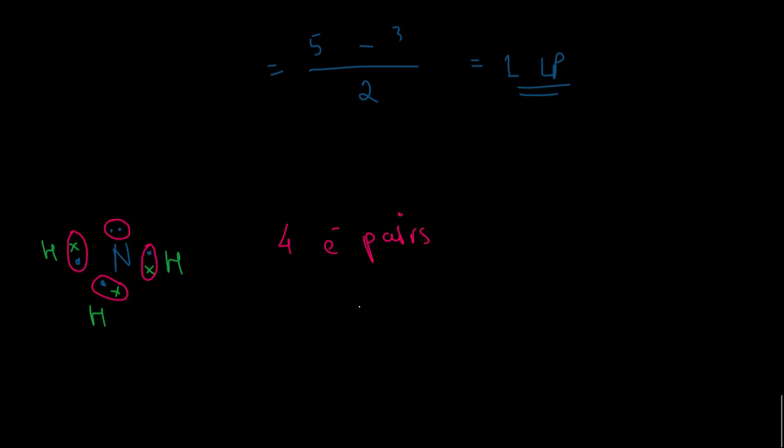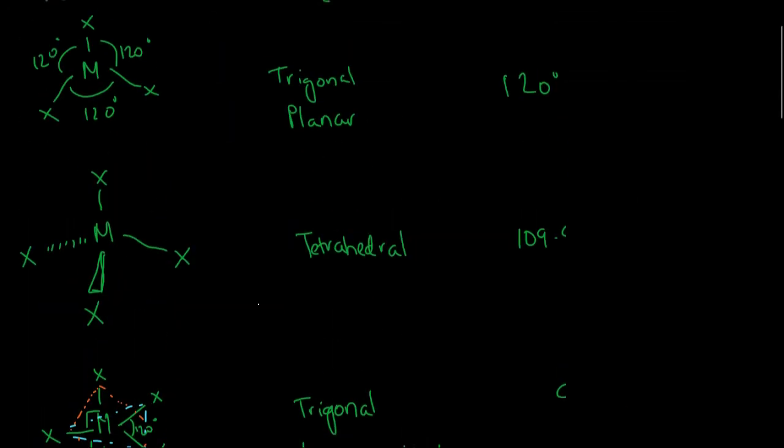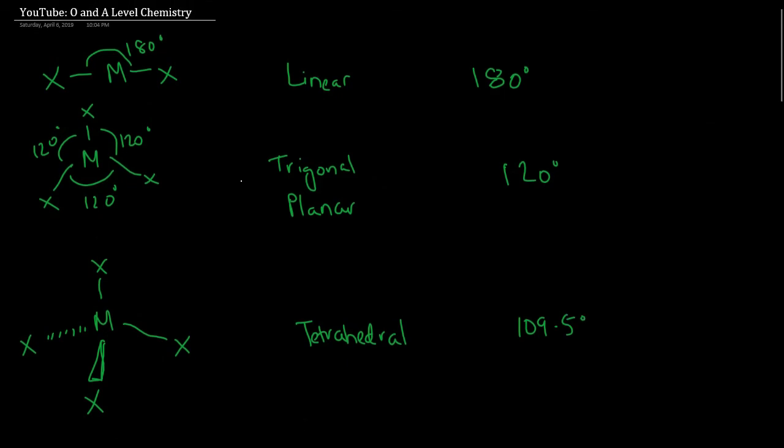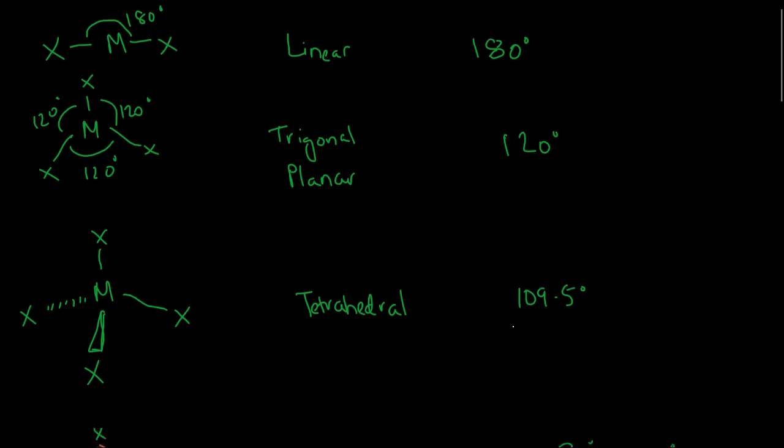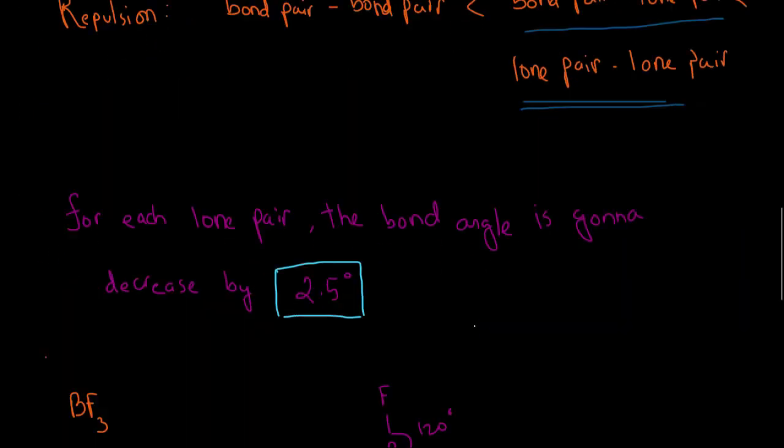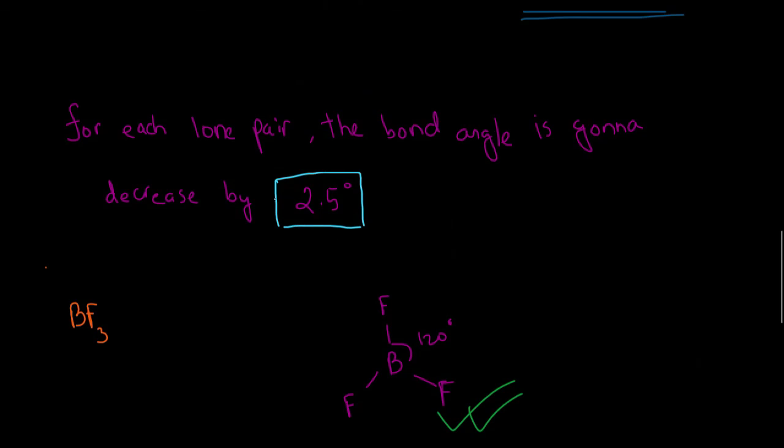So I'm going to go over to this chart, which I have already memorized. Well, I'm assuming that you have already memorized. When I have a central atom that has 4 electron pairs around it, the shape was tetrahedral and the bond angle was 109.5. Remember that for each lone pair the bond angle is going to decrease by 2.5.